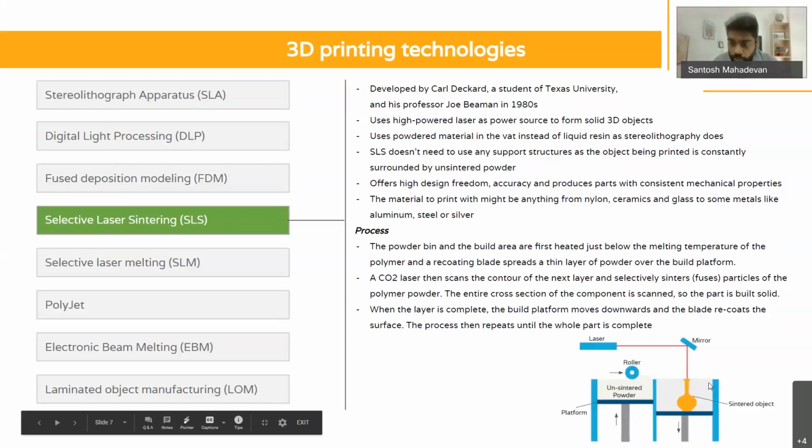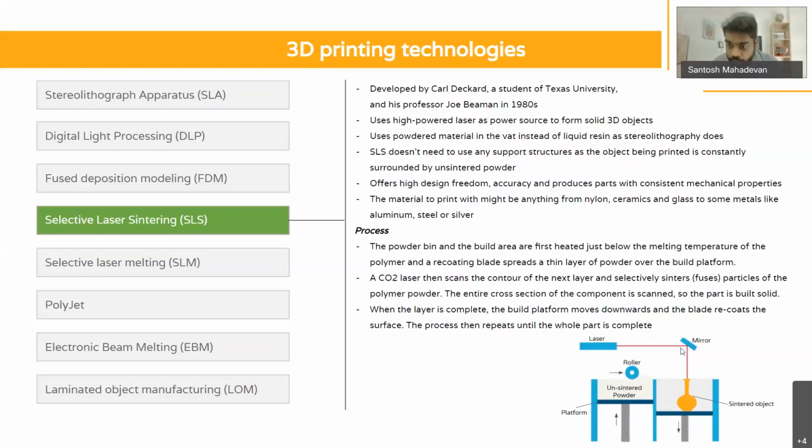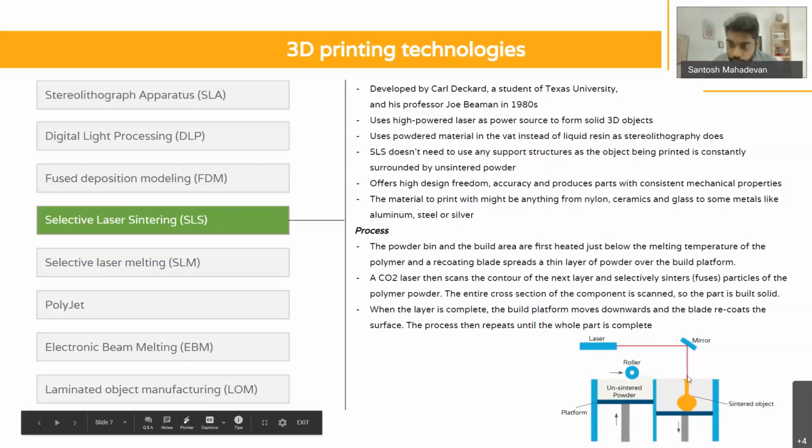Once step number 2 is completed, the laser, which is capable of moving in the XY direction, draws the cross section of the first layer and fills it. This is the third step. This is the three-step process by which SLS happens. So just to run you through: step number 1 is to put some amount of powder to get displaced.